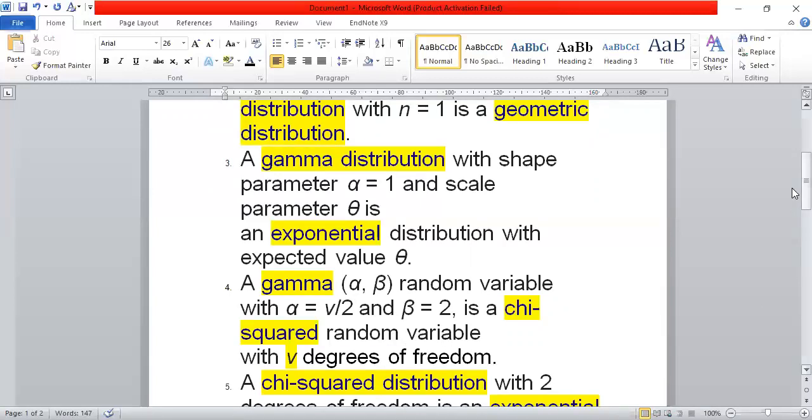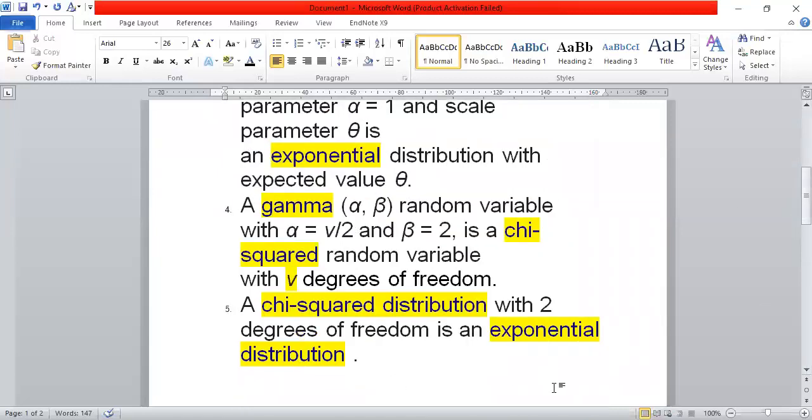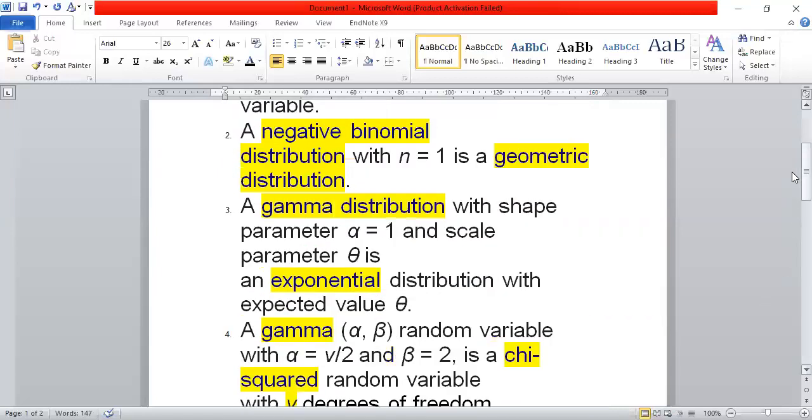A chi-square distribution with 2 degrees of freedom is an exponential distribution. So you can see that discrete changes to discrete as a special case, continuous to continuous, and continuous to sampling distribution.